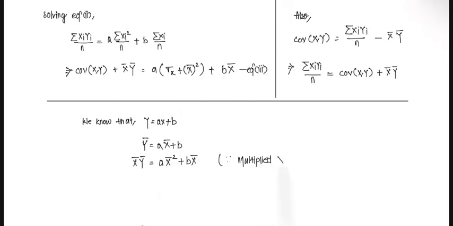Multiply x bar on both sides, and write sum of and by n on both sides. You do this thing. Okay. So now write it as equation 4.